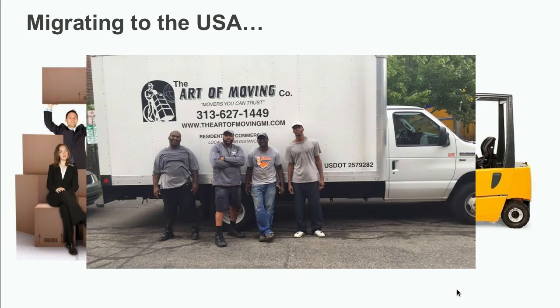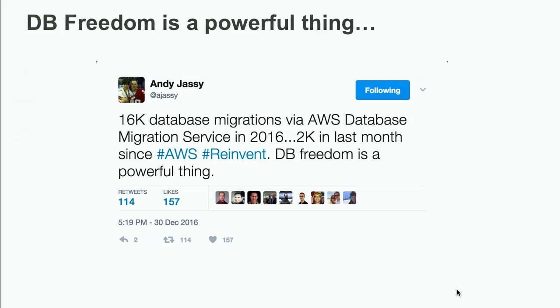So the topic of today, I think when I sent the presentation, the topic was how does AWS enable DB freedom? And where is this derived from? This is derived from a tweet from our CEO, Andy Jassy, a few months ago about our migration service and the fact that we've migrated over 16,000 databases.